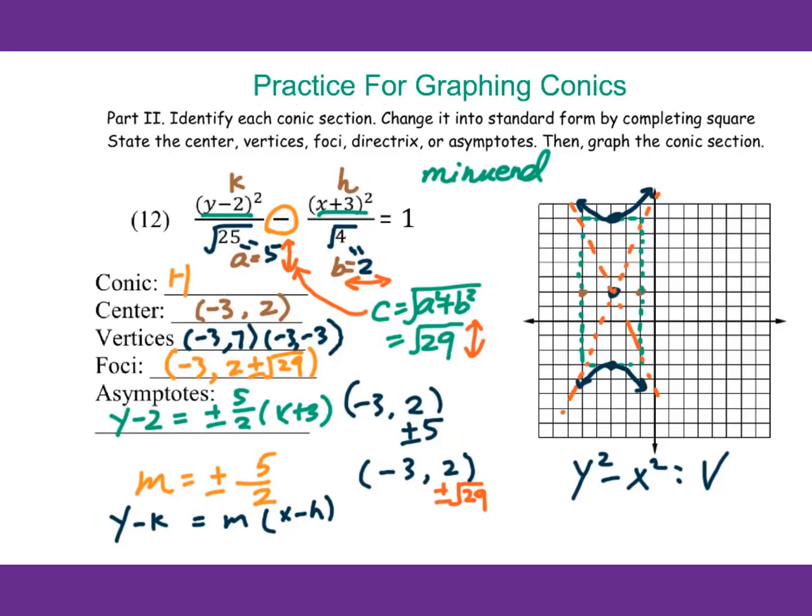For the foci, square root of 29 will be less than 6, greater than 5. It's over here and over here. That's F, foci. That's all for number 12.